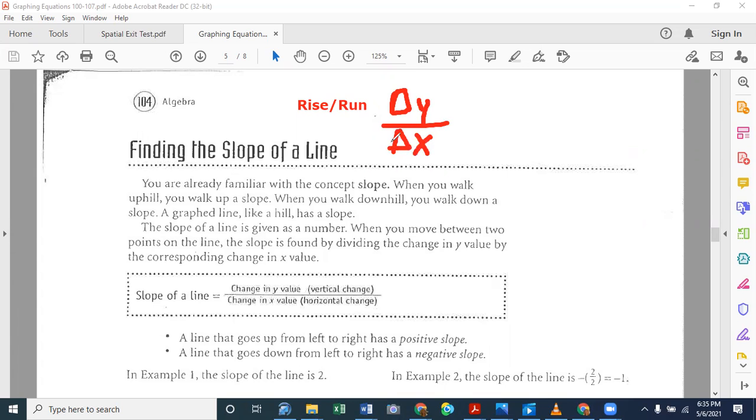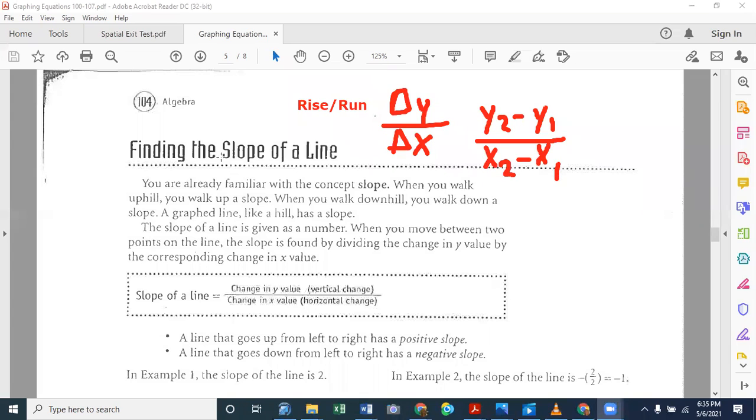And to figure out the change in y over the change in x, you're taking the difference in the verticals, the y, you say y2, that's the second point minus the first point on the line, over the x value of the second point minus the x value of the first point. So those are the 3 formulas for finding the slope.